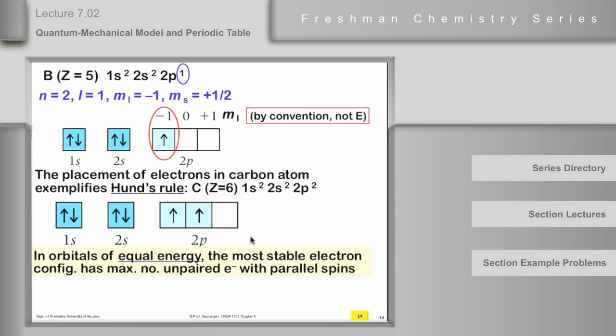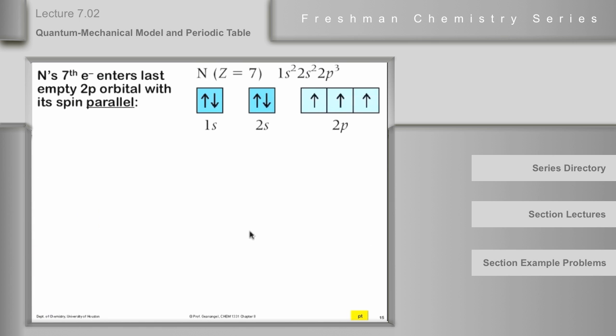The next element is Z is equal to 7. That's nitrogen. Where do you think its last electron will go? Its spin will be up, and it will be in the M sub L equal to +1 orbital. So we have 3 electrons with parallel spins right here.